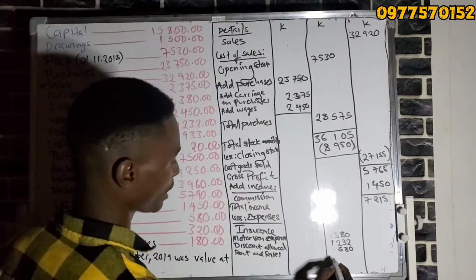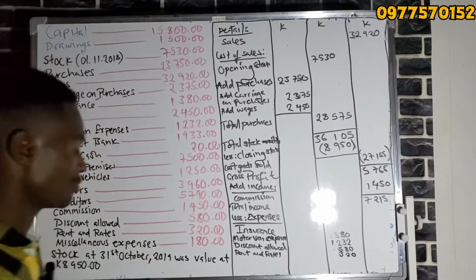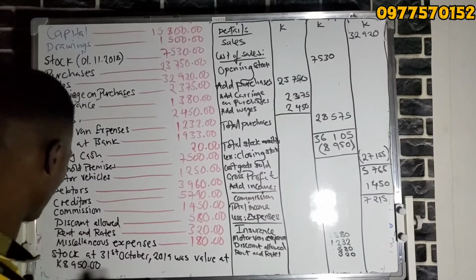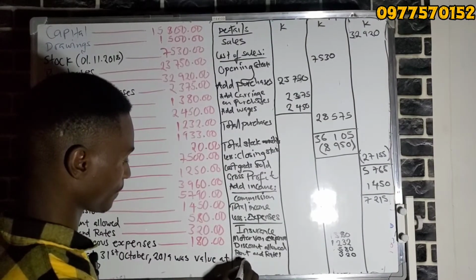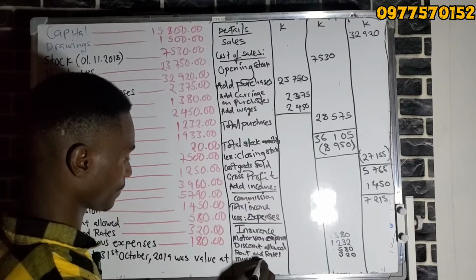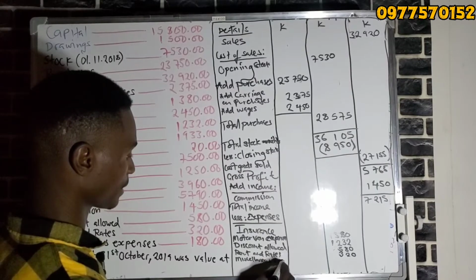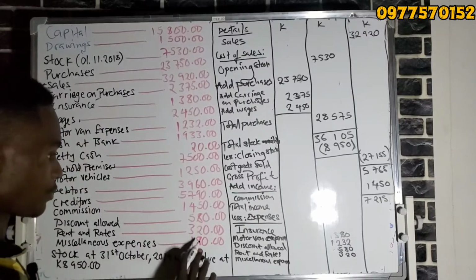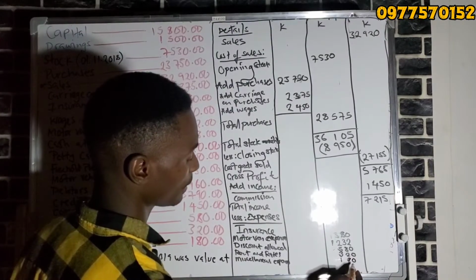This is 320. Do you still have more? Yes, miscellaneous expenses. How much? Miscellaneous expenses, 180. So we're going to write here 180.